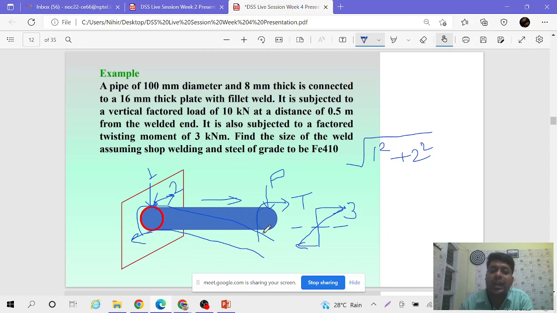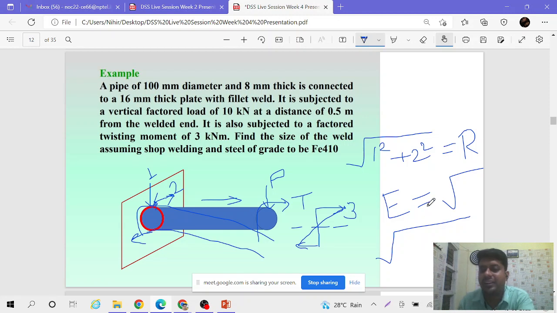But when we calculate the equivalent stress, the combination of all these three things, what will we have to do? Let us suppose the resultant of 1 and 2 is R, and now you are going to calculate the equivalent stress. Here, the shear stress which I denoted by R, let us denote it by Q, because you are familiar with Q. So what will come into picture?